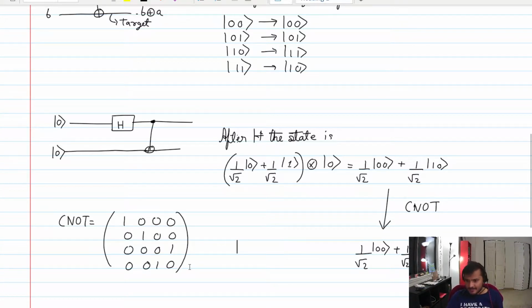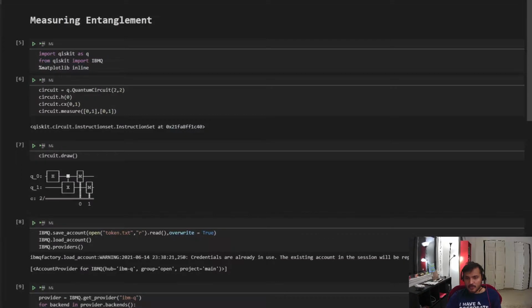Since we had seen this before, let me quickly open the same file that I talked about before and show you this gate in action. So I got Visual Studio Code over here with the same script I used to create entanglement. Let me go over the script again.